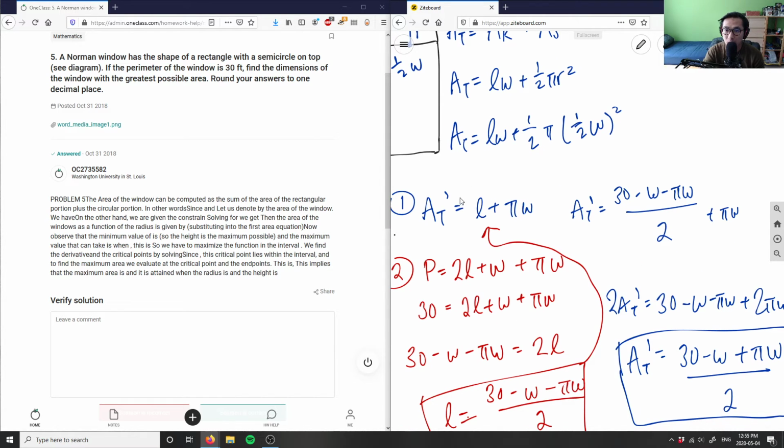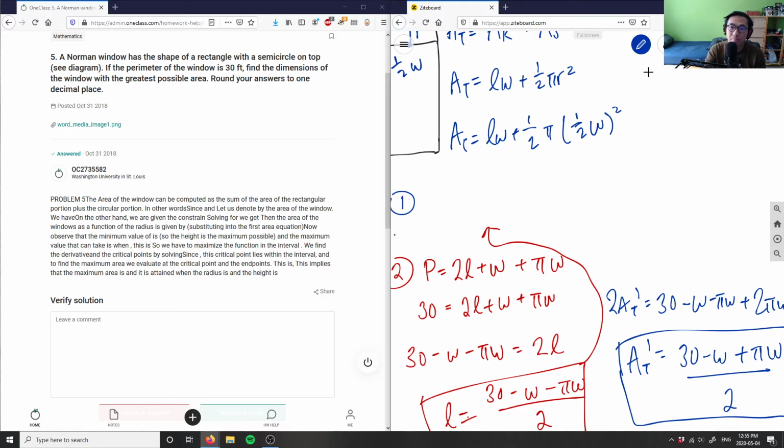So let me erase these and take the derivative again. I have A(w) equals LW. I'm taking the derivative with respect to w. Let me simplify this before I take the derivative. So this equals LW plus, I have half of w squared.